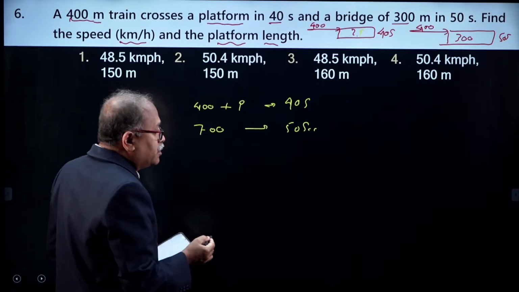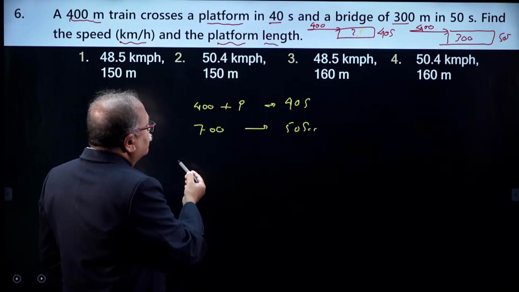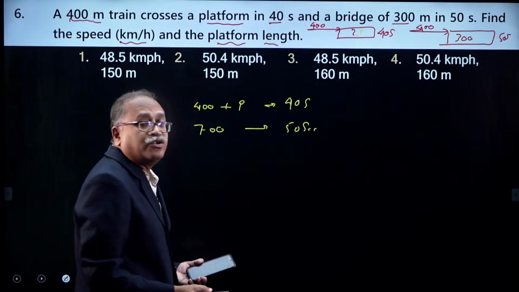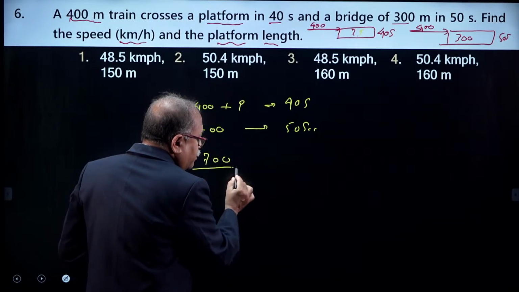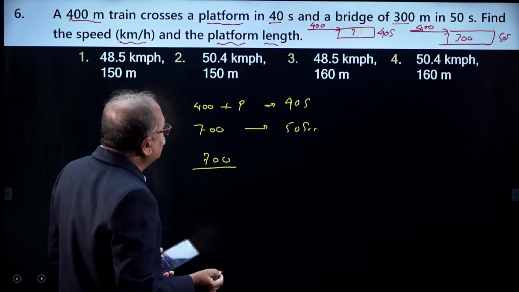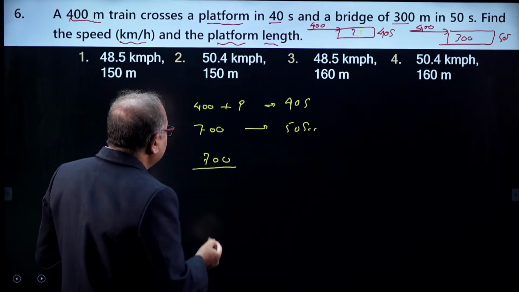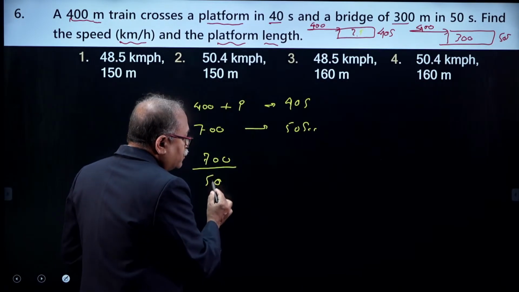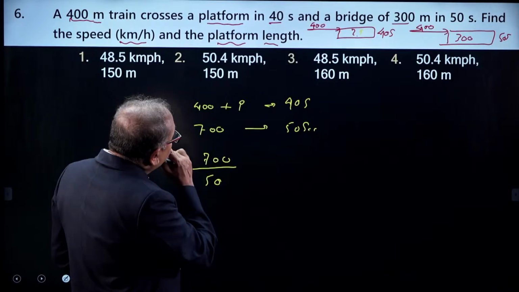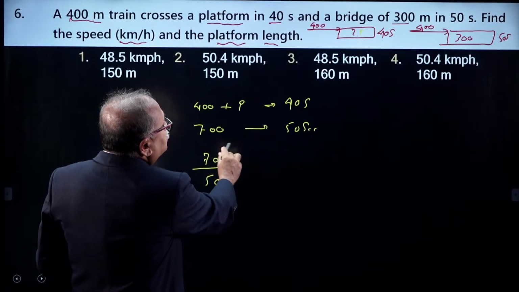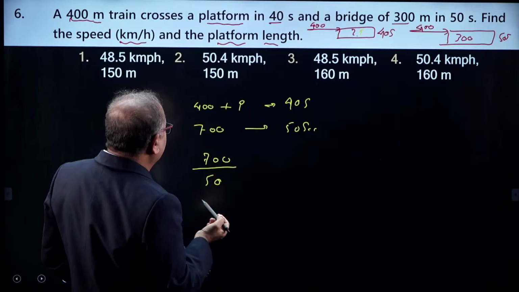So what I need to understand over here is the speed of the train. I can find it out, and that is nothing but 700 divided by 50. This is the distance he covers in 50 seconds.